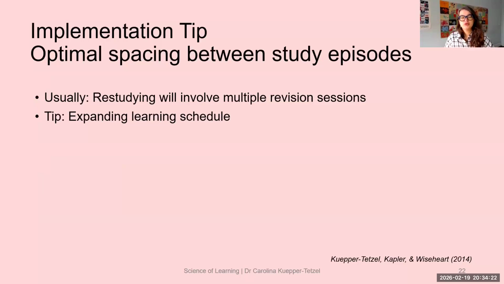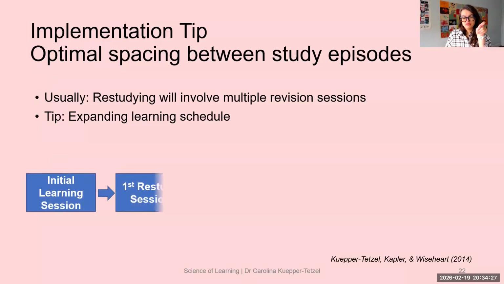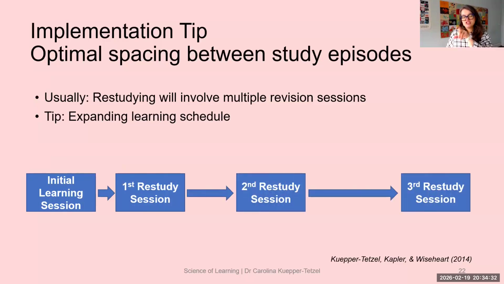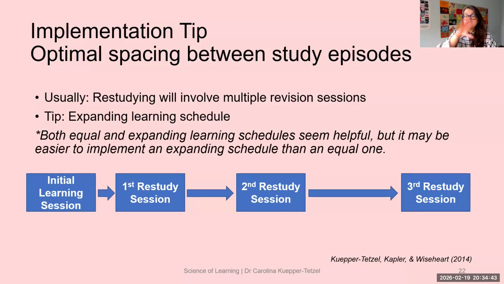And one thing that you could do is an expanding learning schedule. So you have an initial learning session, a smaller spacing in the beginning, and then you space it out with smaller reactivation tasks over the course of time, with the spacing between them getting larger and larger over time. Now, from a research point of view, we don't have strong evidence that this schedule is more effective than, let's say, an equal learning schedule, where the breaks in between are always exactly the same.